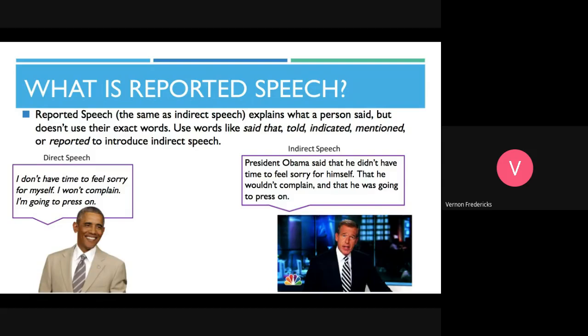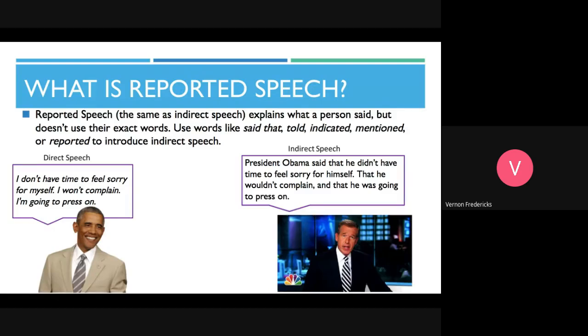We used said, that he didn't. What Barack Obama used was I don't. So you can see already the present simple changes into the past. Don't changes into didn't.